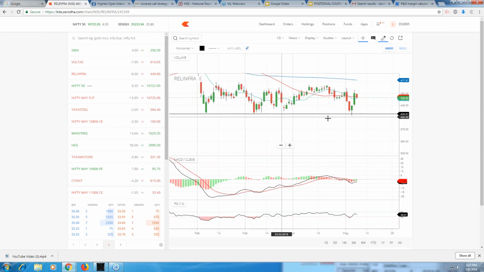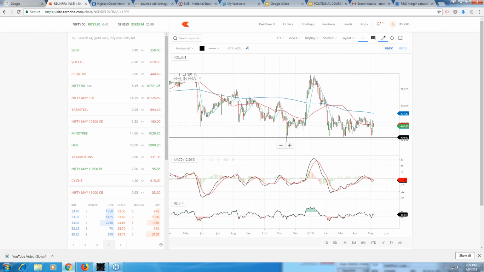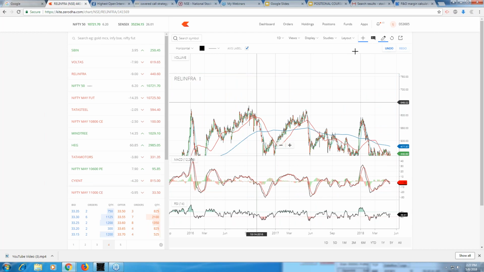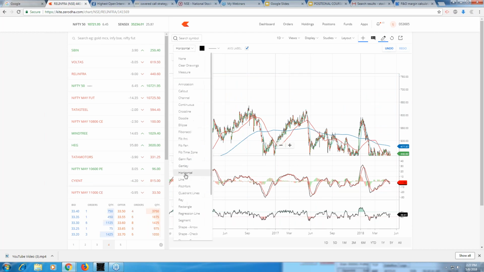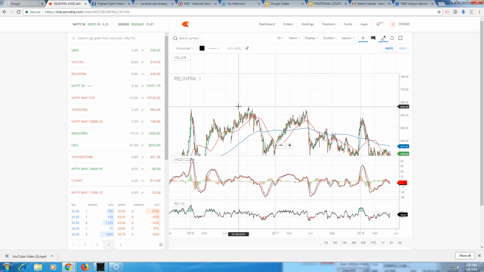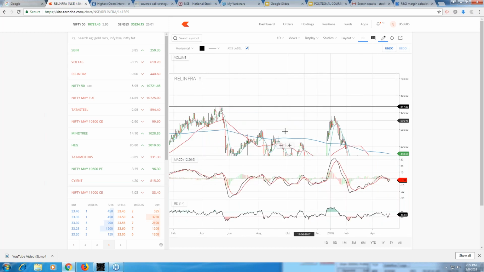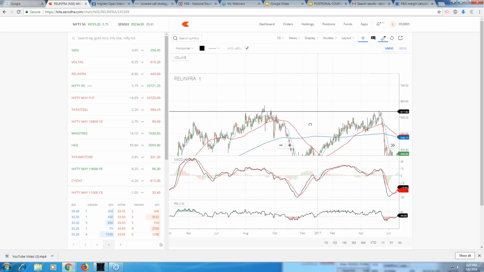Now let's see what resistances this particular stock is experiencing. Can you see a very, very clear indication as far as resistance is concerned? This is right here. I would say this is a very, very clear resistance. How many times has the stock reversed from the same point?